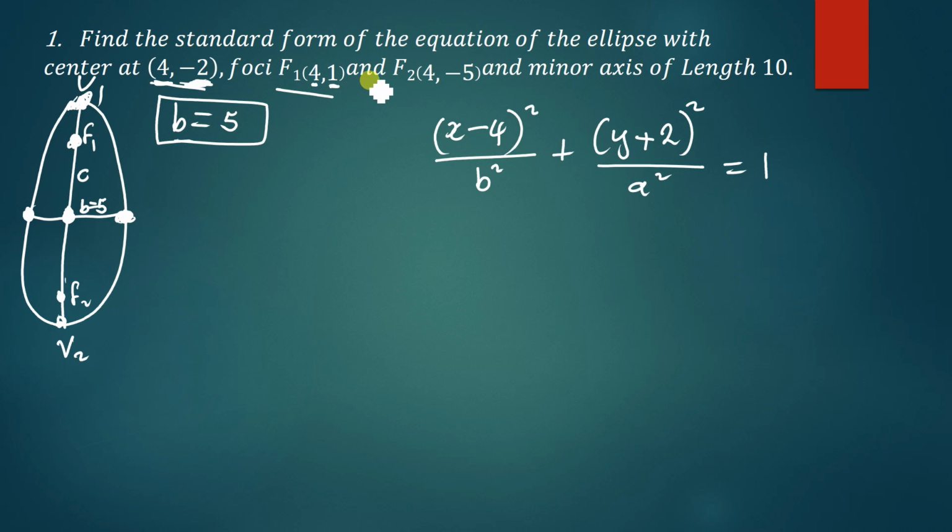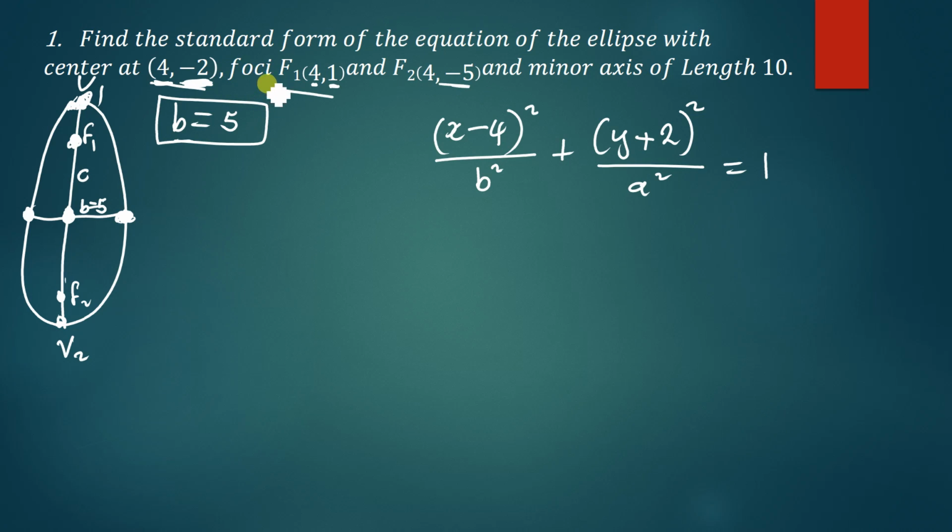Or if you want, you can subtract this number there, -2 minus -5. So you say the center minus one of the focus.